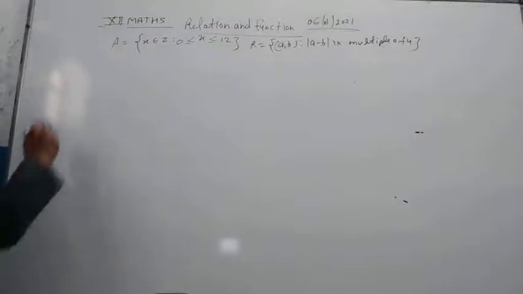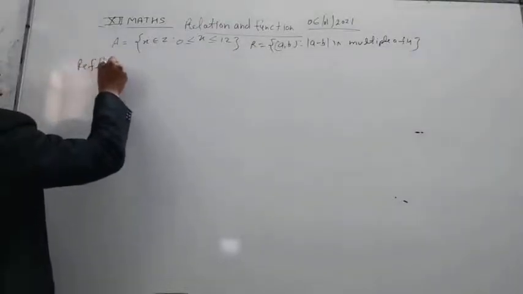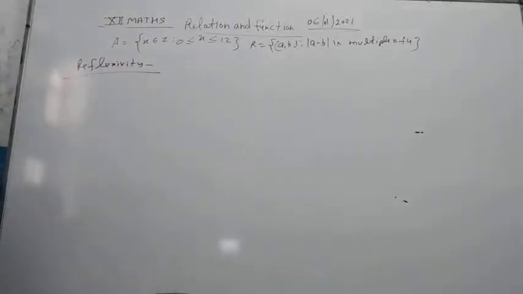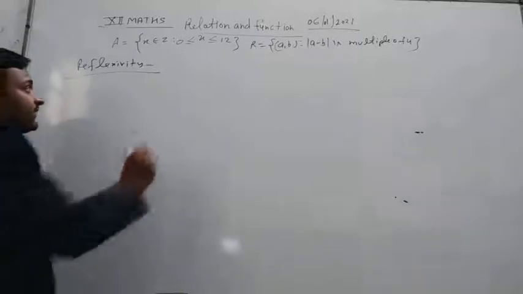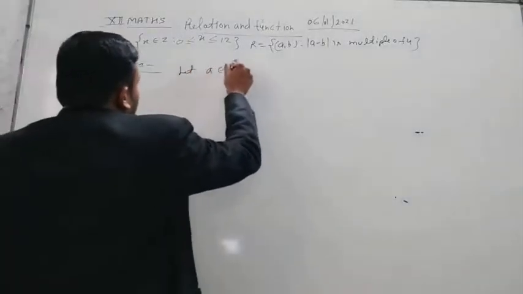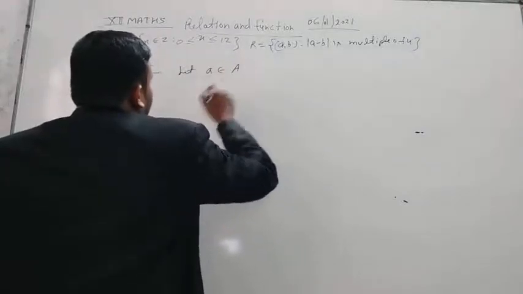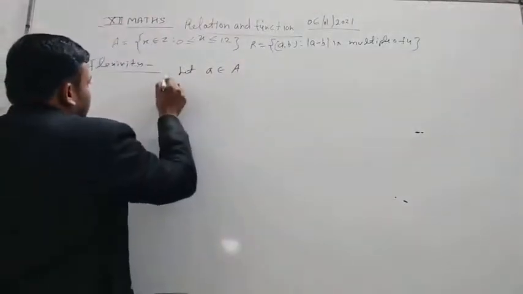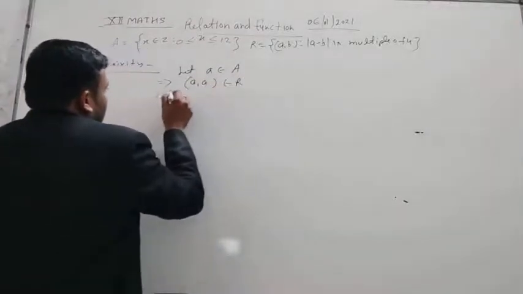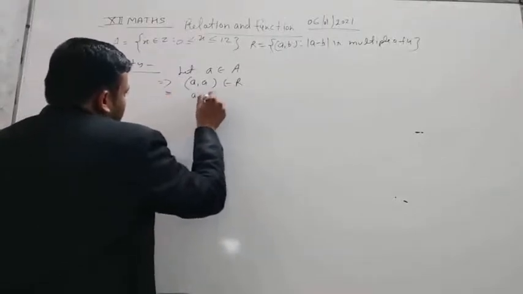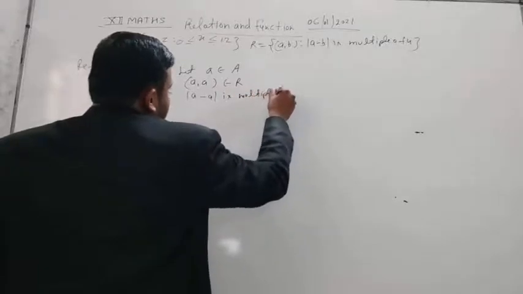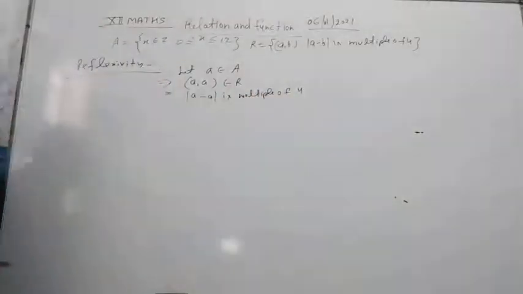Okay, student. So for reflexivity, we let any a belong to set A. Okay, so we write (a, a) belongs to R. This implies a minus a is a multiple of 4.